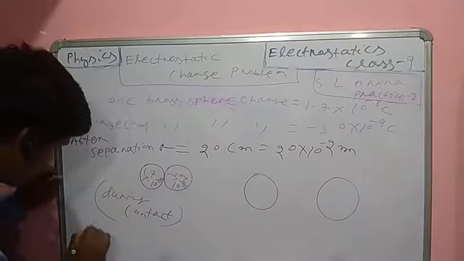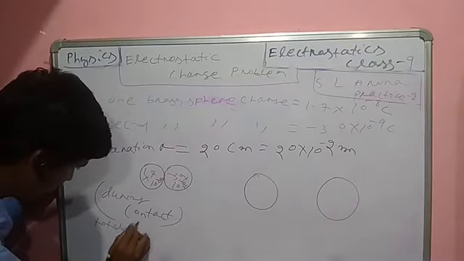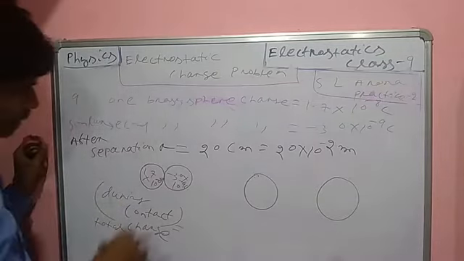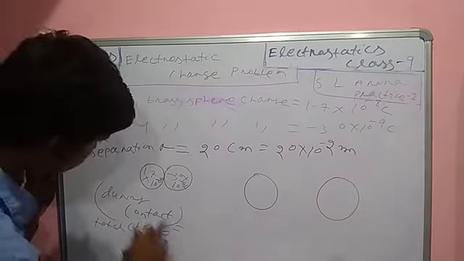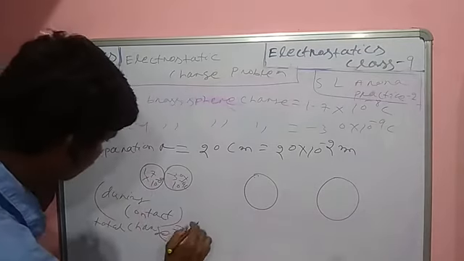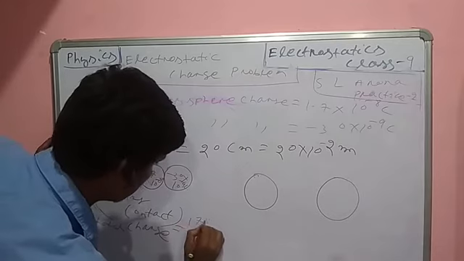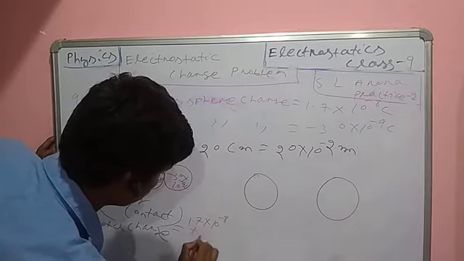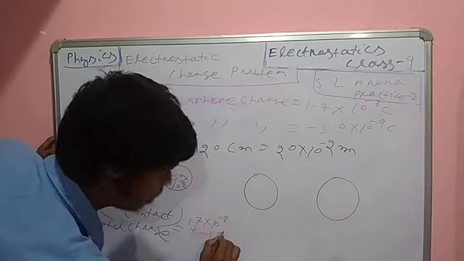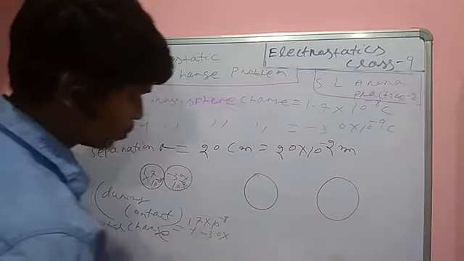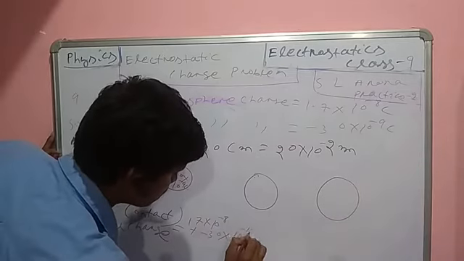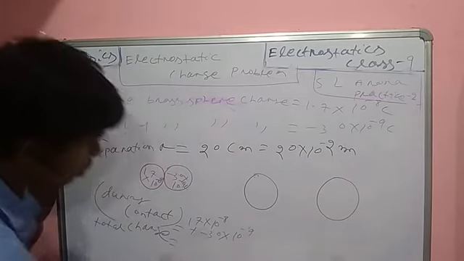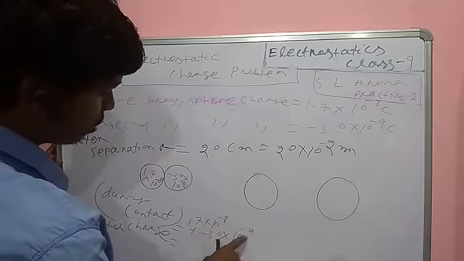During contact, what is the total charge? Total charge is 1.7 into 10 to the minus 8 plus minus 3.0 into 10 to the power minus 9 coulomb. So here 10 to the minus 8, here 10 to the minus 9.